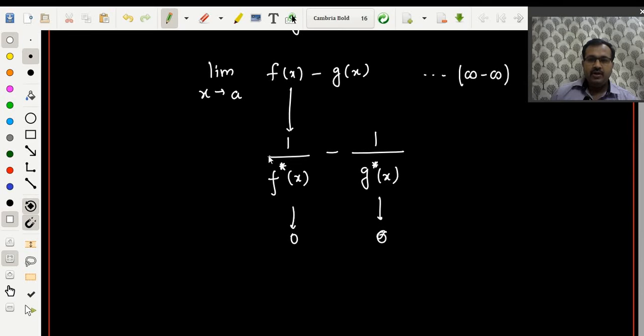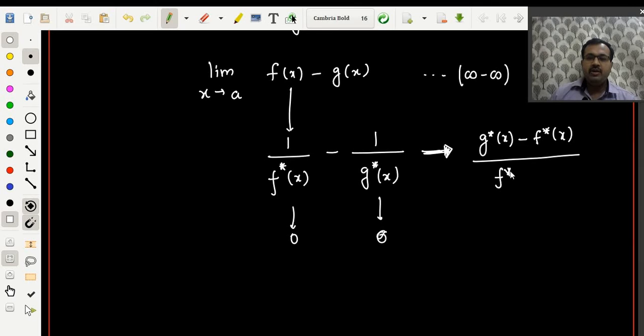Then we take the LCM and rewrite this function with g star of x minus f star of x as the numerator, and the denominator will be f star of x into g star of x.